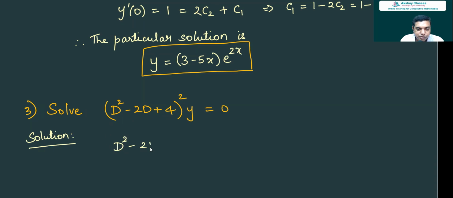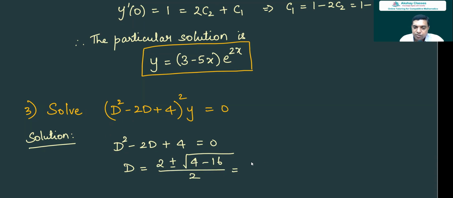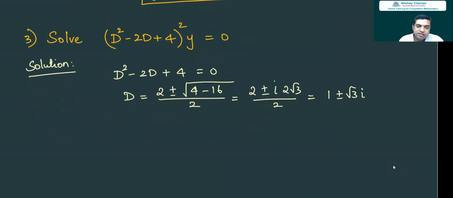D square minus 2D plus 4 equal to 0 implies D is minus b plus or minus root of b square minus 4ac upon 2a. So we get 12 minus 12, that is 4 into 3, so i into 2 root 3 by 2. So we get 1 plus or minus root 3 i. This is D.